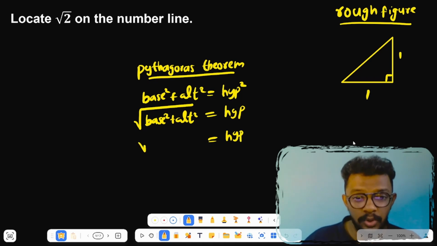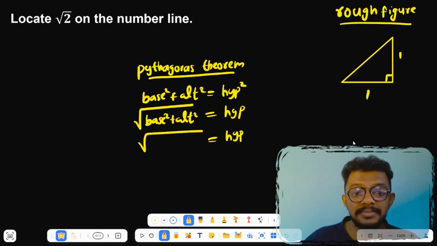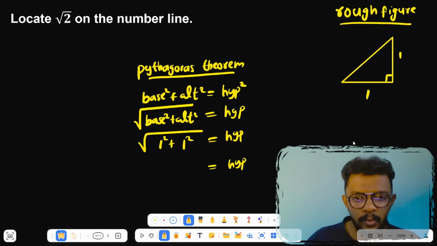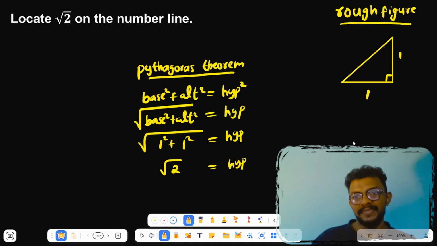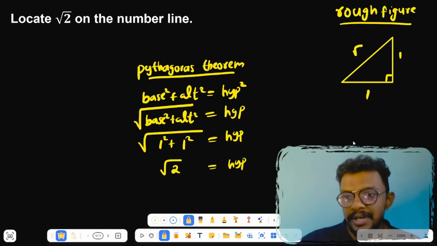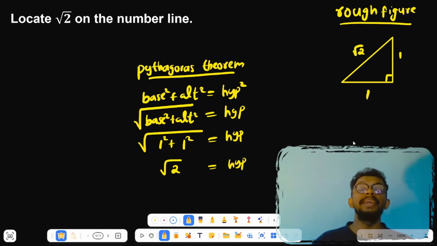Hypotenuse is equal to root of 1 square plus 1 square, since base is 1 unit and altitude is 1 unit. 1 square is 1, 1 square is 1, 1 plus 1 is 2. Hypotenuse is root 2 unit. I got this hypotenuse as root 2 unit according to Pythagoras theorem.